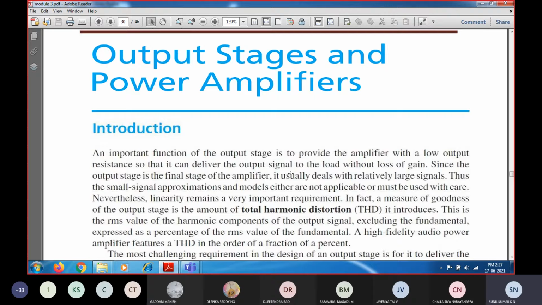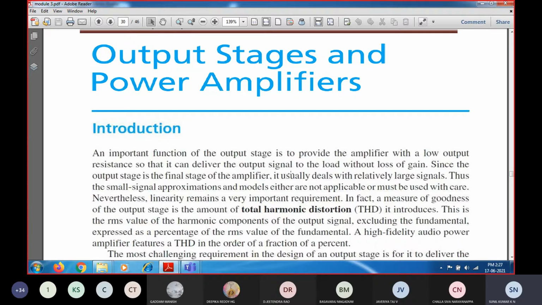The small signal amplifiers in BJT and MOSFET that we have studied can be used for amplification as well as for small signal switching.